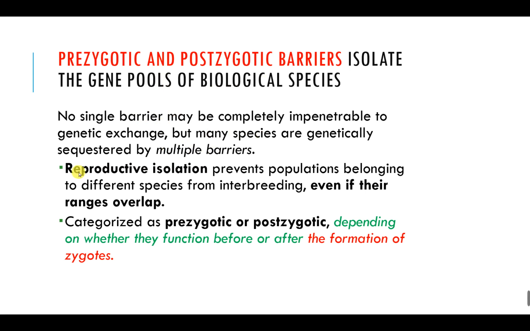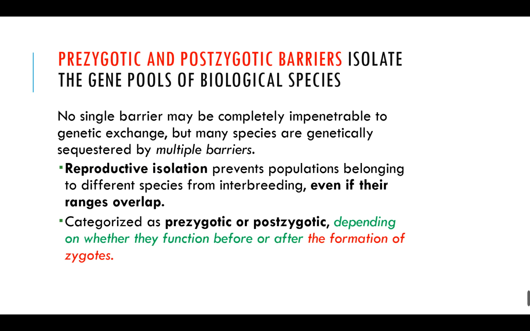So this term you saw before, reproductive isolation, prevents populations belonging to different species from interbreeding, even if their ranges overlap, even if they are in the same area. It is categorized as prezygotic or postzygotic depending on whether these barriers function before or after the formation of the zygote, or before or after the fertilization.